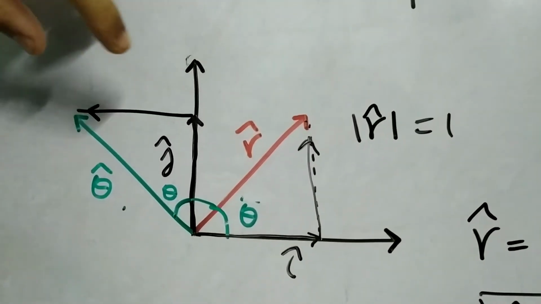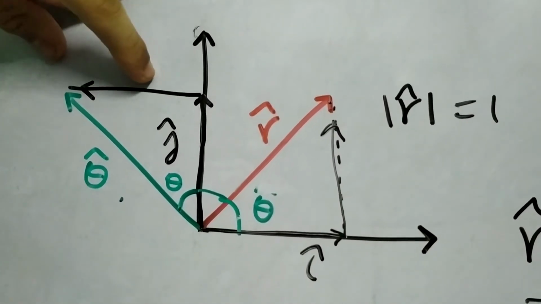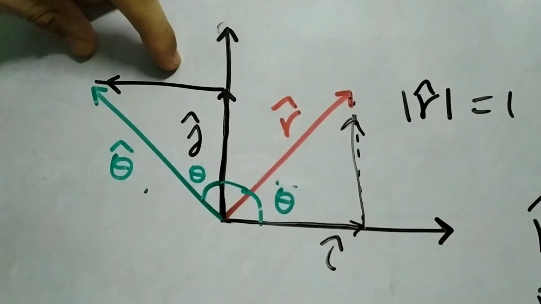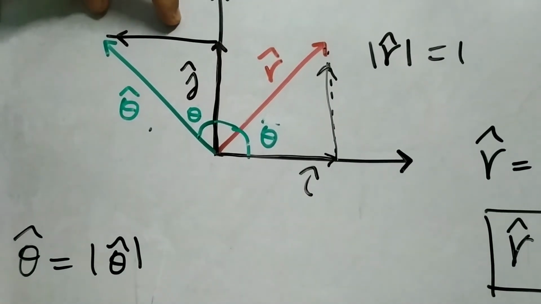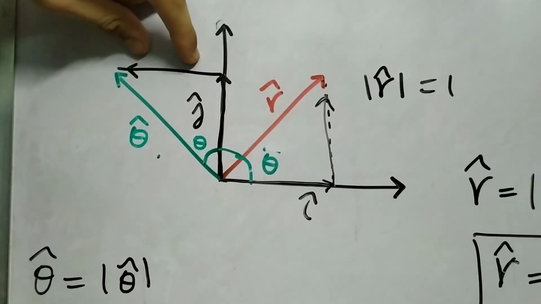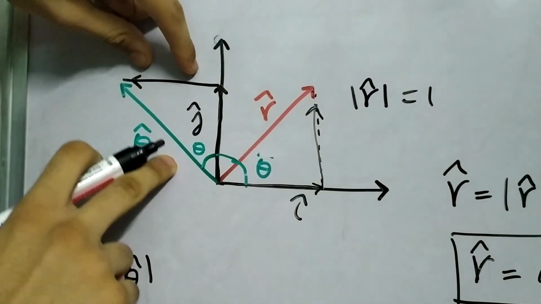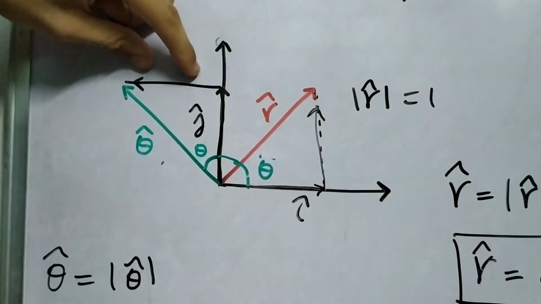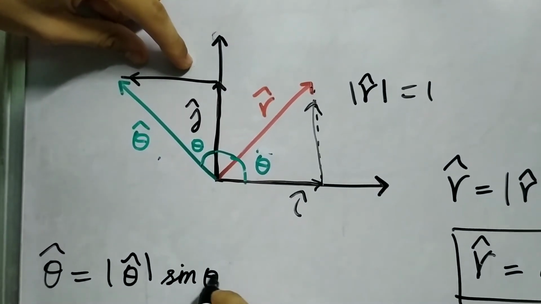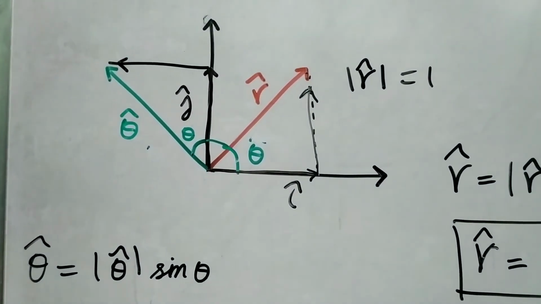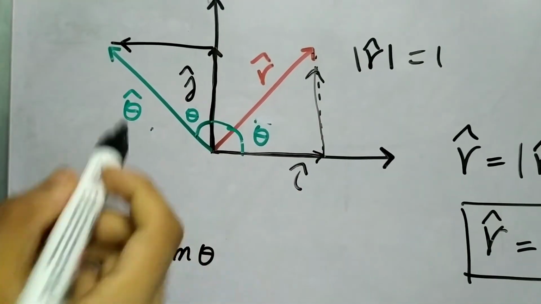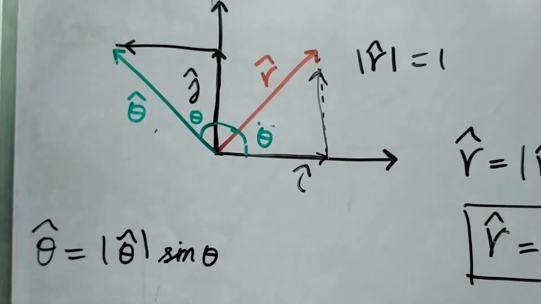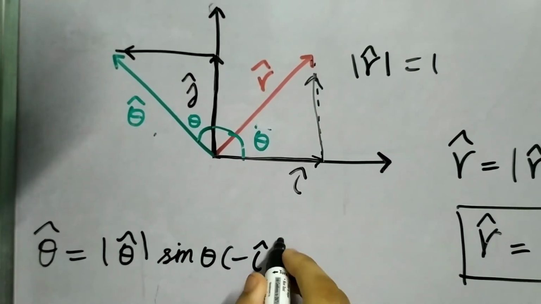Let's take i cap first. The magnitude of theta cap times this length, which is magnitude of theta cap times sin theta, and it is in the negative i cap direction. i cap is towards the right, this vector is towards the left, so this is minus i cap.